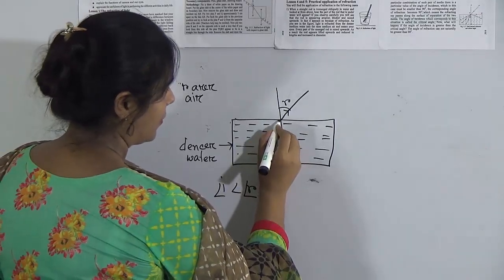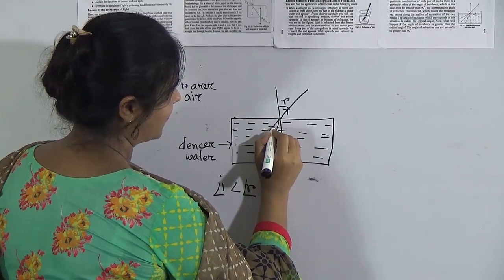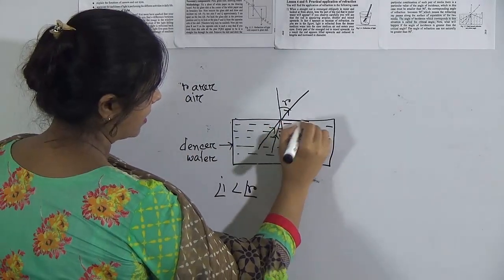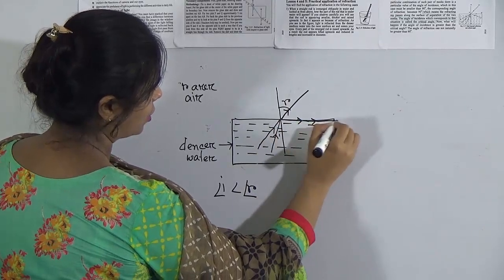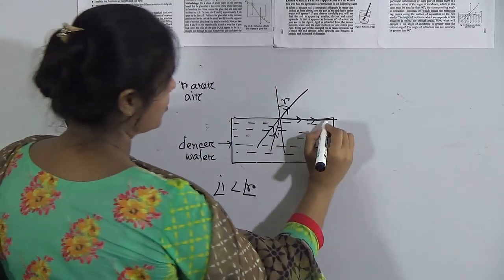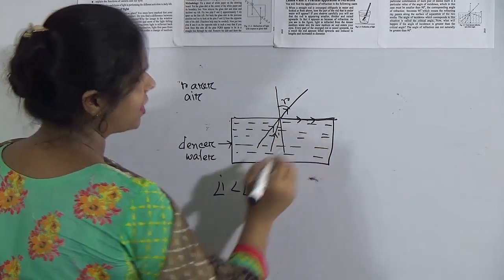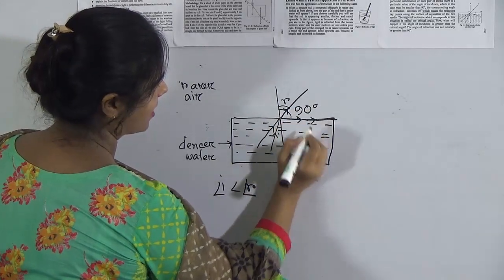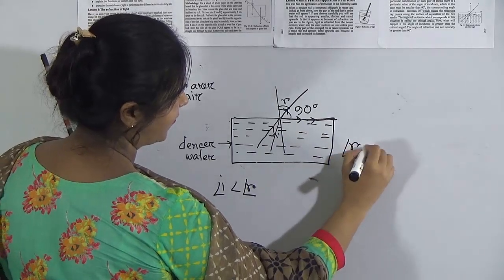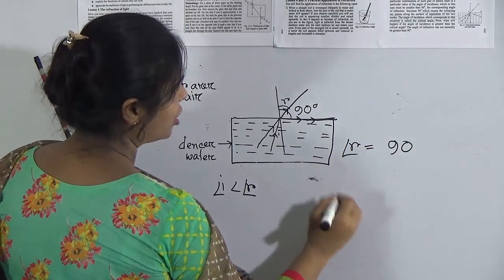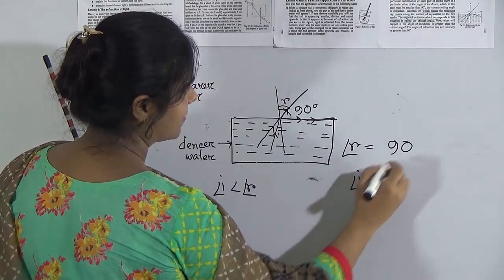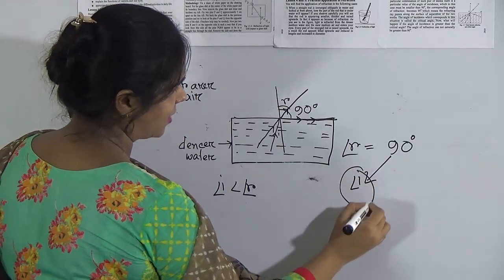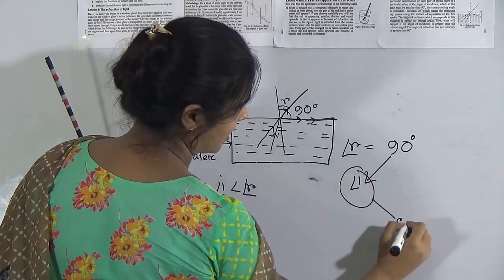Now this is specific for different media: for a certain incident angle, the refracted ray goes along the surface separating the two media. That means R becomes 90 degrees. For which incident angle R's value becomes 90 degrees, that angle's value is known as the critical angle.